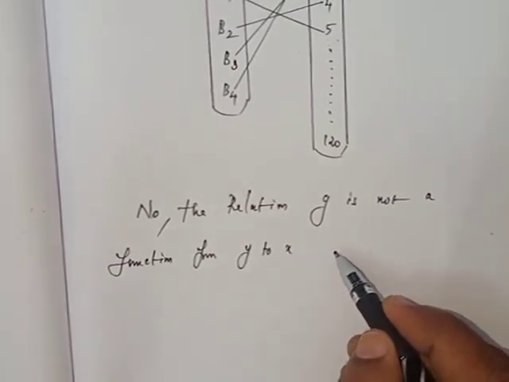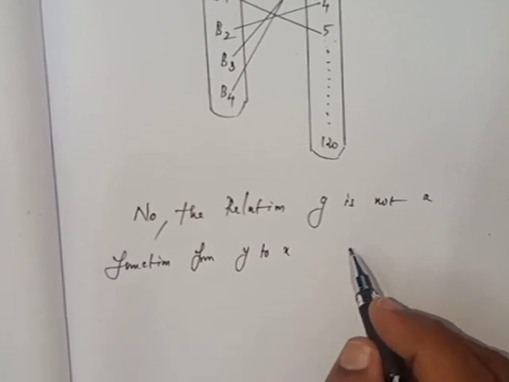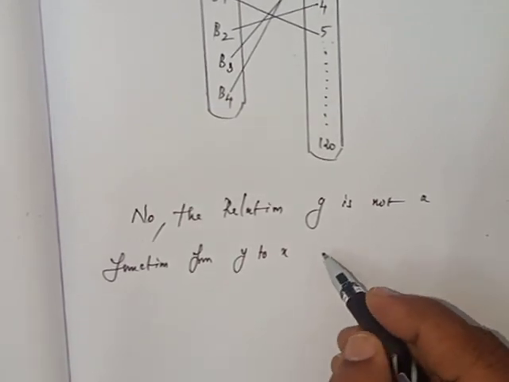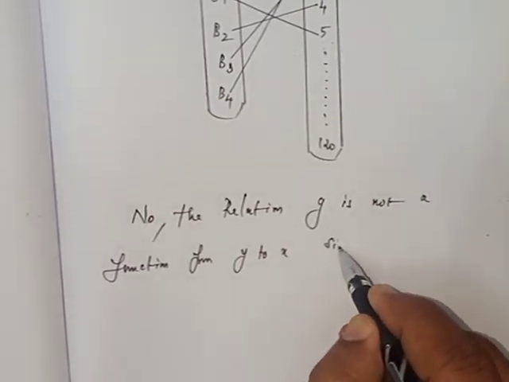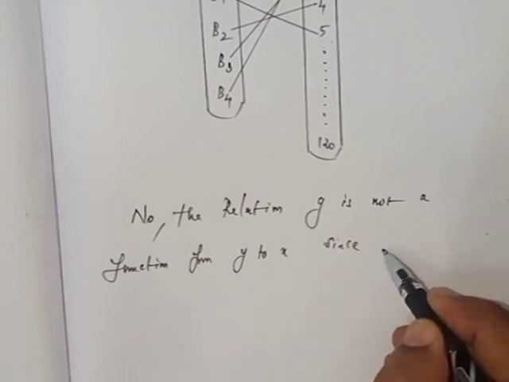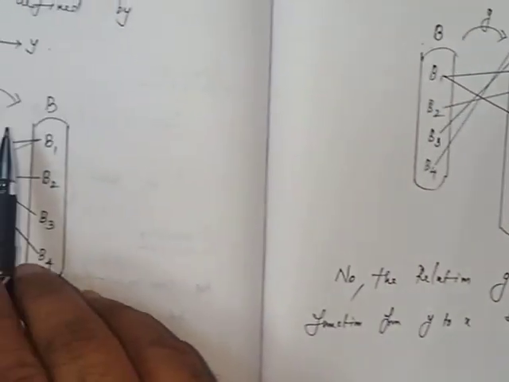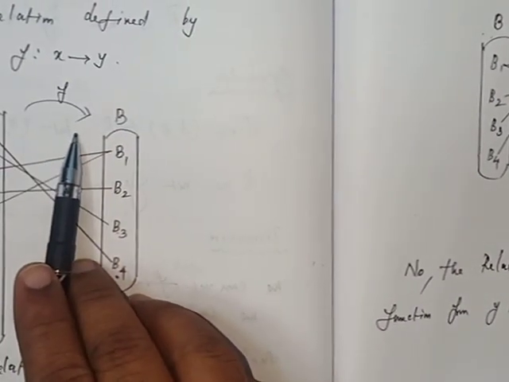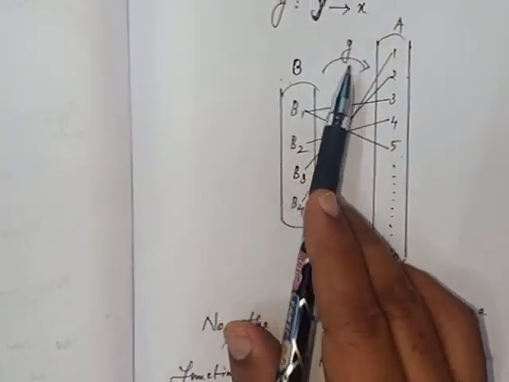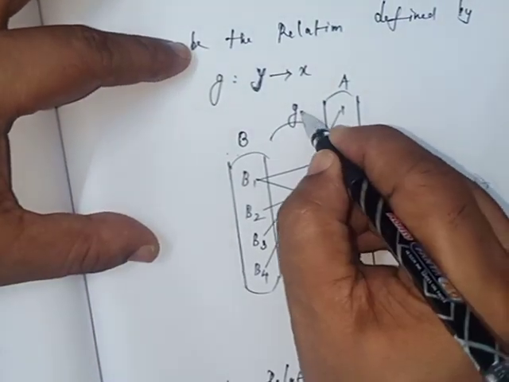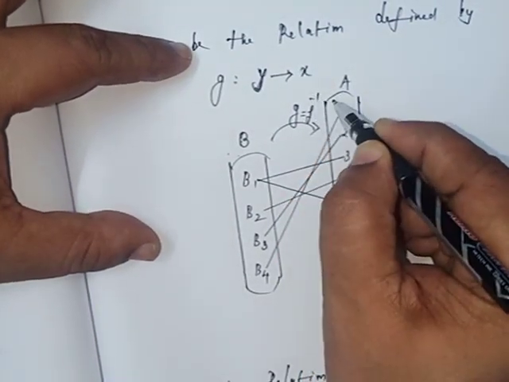This is an inverse relation. F is the function we have proved. This is F inverse. I note down for your reference, G and F inverse are the same.